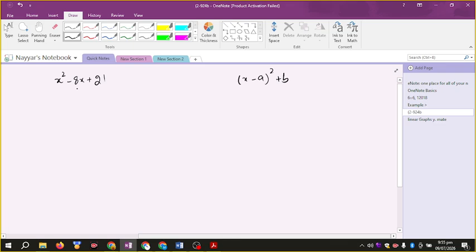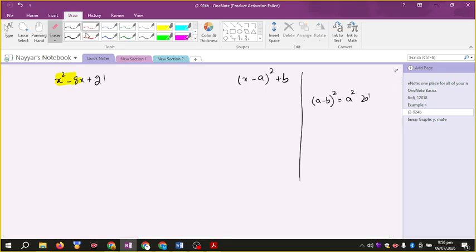In the completing the square method, you have to take the first two terms first, and you will make a complete identity like this. Remember this identity: a minus b whole square is always equal to a square minus 2ab plus b square. When it's a minus sign, it will come minus in between.